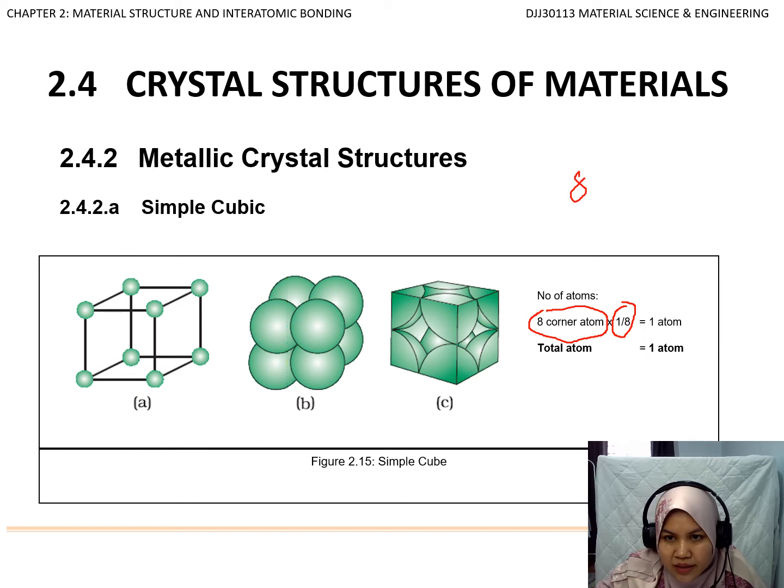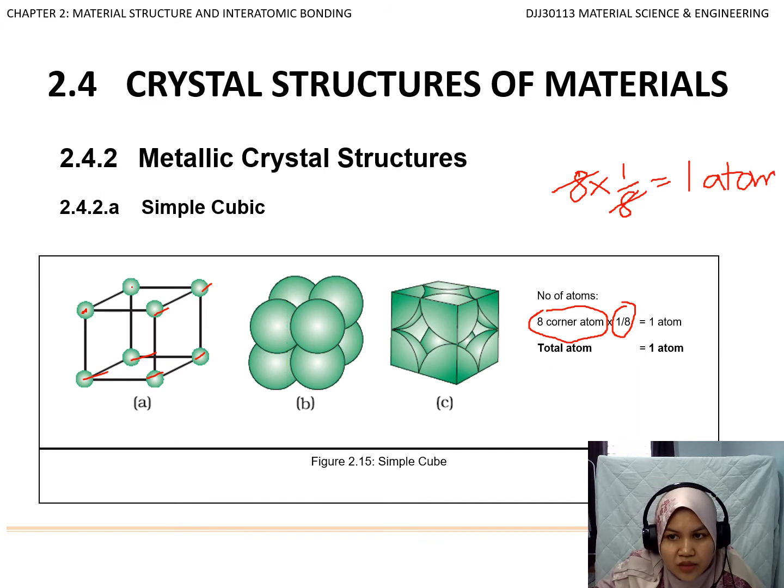There are 8 atoms at the corners, 1, 2, 3, 4, 5, 6, 7, 8. Each multiplied by 1/8, so the total is only 1 atom.